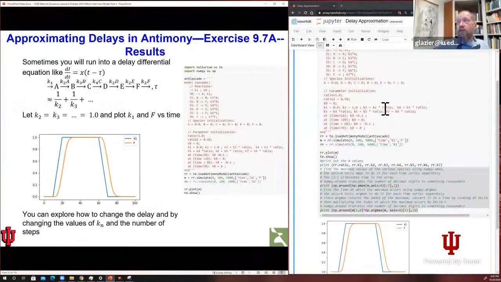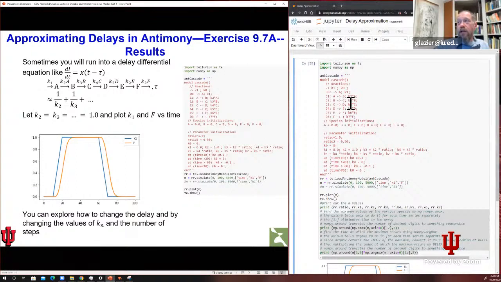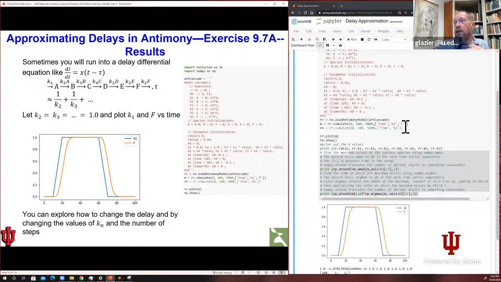Effectively, that would be plotting A instead of plotting F, that would be the first one in my stack, and then changing the parameter value, right? So let's do that. Let me plot A instead of F.